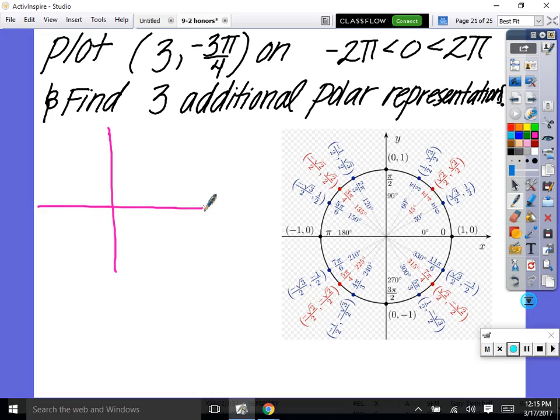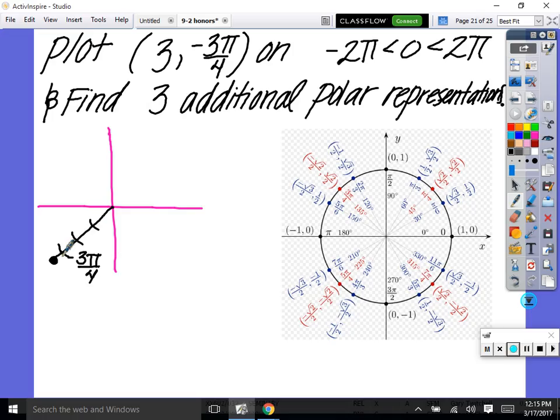So negative 3 pi fourths. Now picture where positive 3 pi fourths is. So that was up that many units. So negative 3 pi fourths would be down here, right? So we would draw in down here. I'm going to change colors real quick. Right down here would be going negative, that point, negative 3 pi fourths. And now we're going to go out 3 units. So out 1, 2, 3 tick marks.